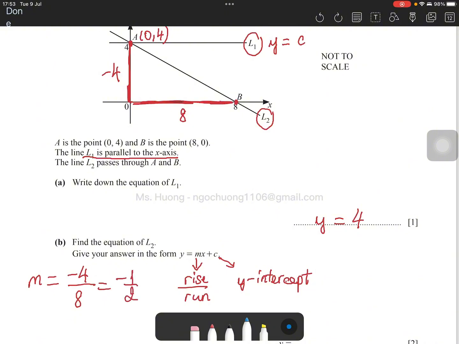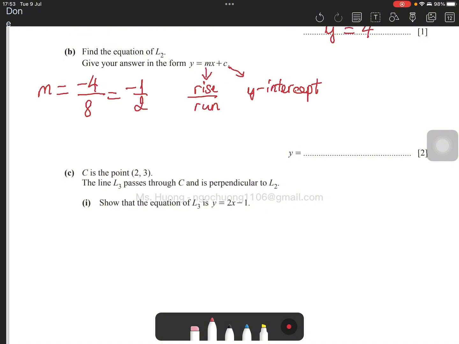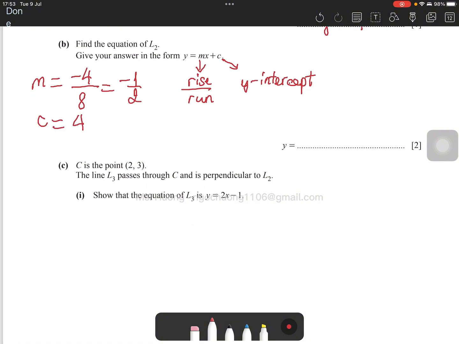And for the y-intercept c, we see that the line L2 crosses the y-axis at the number 4 here. So c is equal to 4. Now we have m and c, so we can write down the answer for the line L2, which is y equals -1/2 of x plus 4.